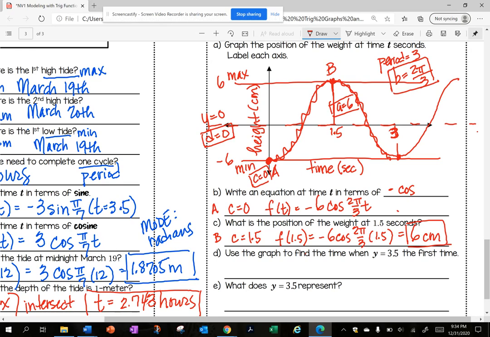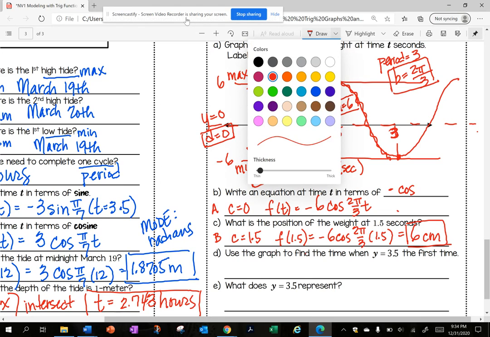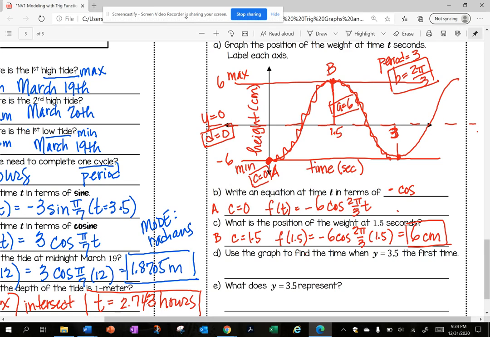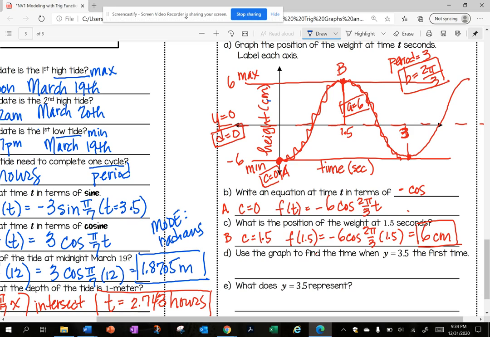Use the graph to find the time when y equals 3.5 the first time. So 3.5. The first time, so it's talking about this spot here. So for point C, I am trying to find what that value is. So I want to know what t is here.